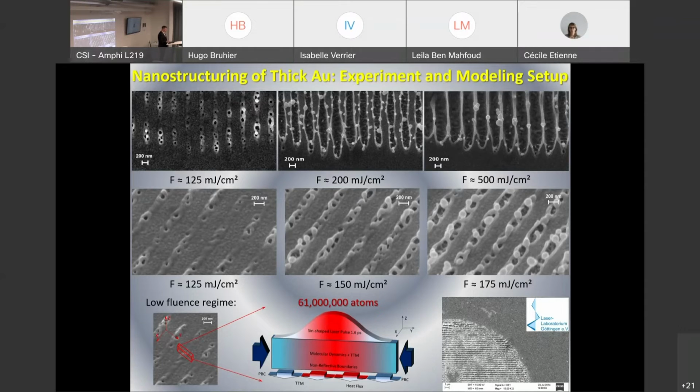So we placed specially behaving non-reflective boundary conditions here, which imitate the presence of the material below, and the pressure wave resulting from the relaxation of laser-induced stresses penetrates this boundary without reflection. This boundary is also transparent for the heat flux. This heat flux is provided up to 50 microns below the surface.